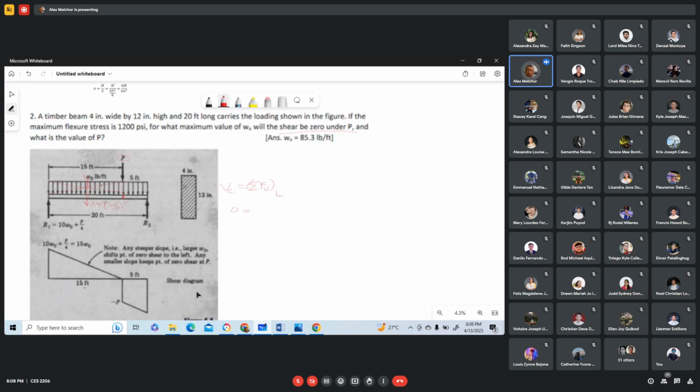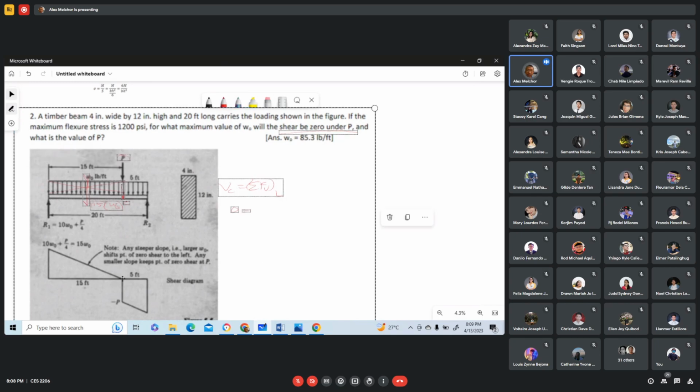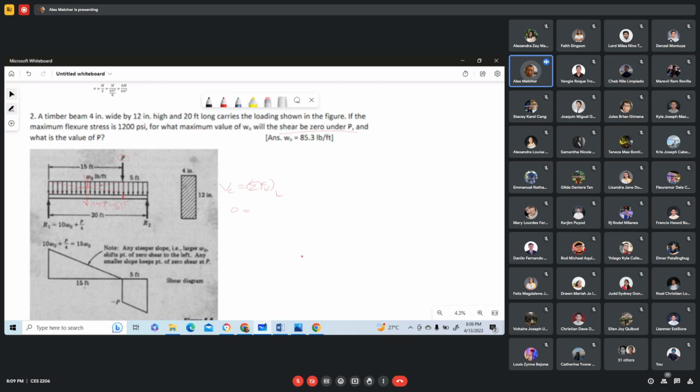So summing vertical forces to the left, we have that force minus that, which gives us 0 here. So we have now 10 W sub O plus P over 4 minus 15 W sub O is equal to 0. That is why 10 W sub O plus P over 4 is equal to 15 W sub O, which is this one here.